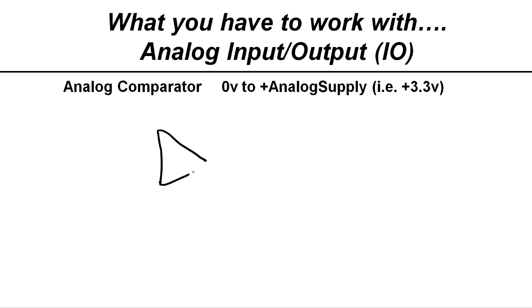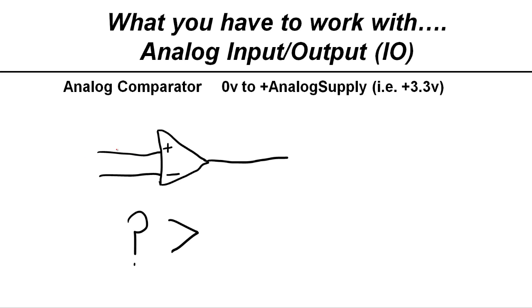Now, lastly, we have the concept of an analog comparator. You can buy analog comparators or use an operational amplifier, and they simply ask a question: is one signal greater than the other? In almost all cases, 0 volts to some analog supply, say 3.3 volts, is the biggest signal range.